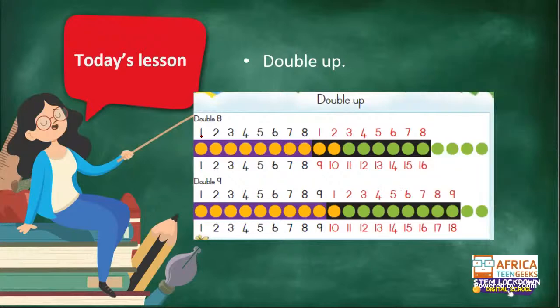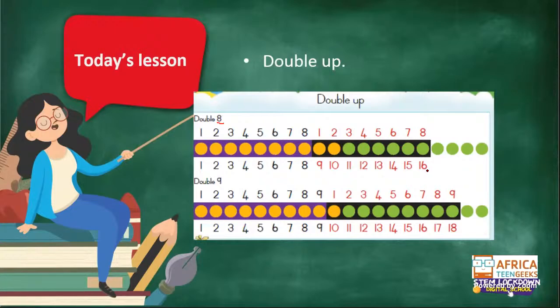Can you see? When you double up, you double the same number. If I say double up 8, it means I must add more, 8 more. I double up the same number. There we have 1, 2, 3, 4, 5, 6, 7, 8 dots. Now we have to start again. 8 more. 1, 2, 3, 4, 5, 6, 7, 8.